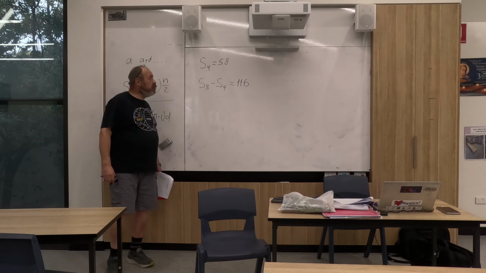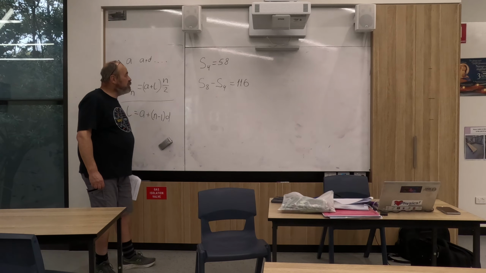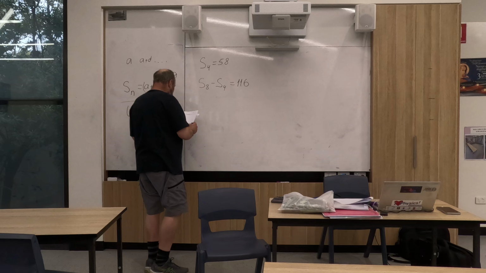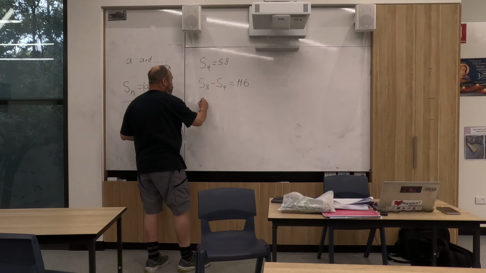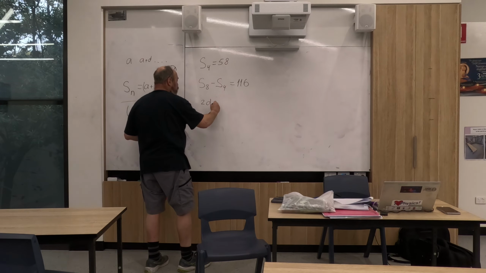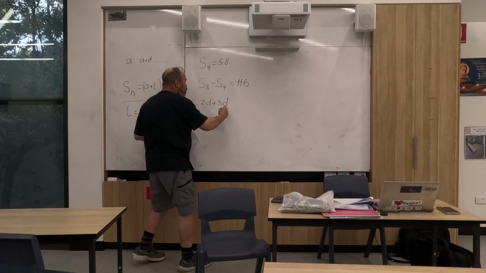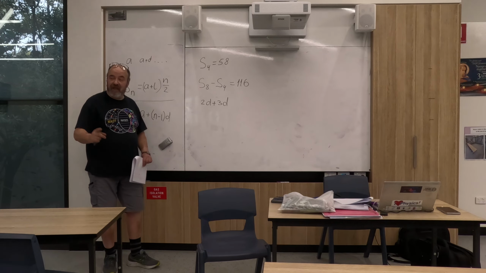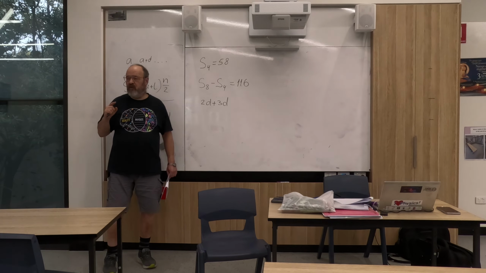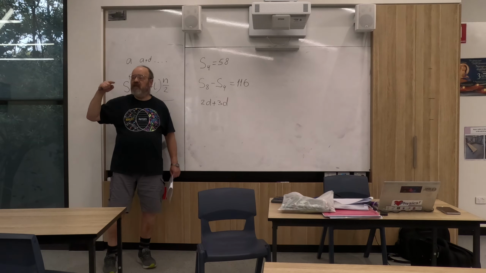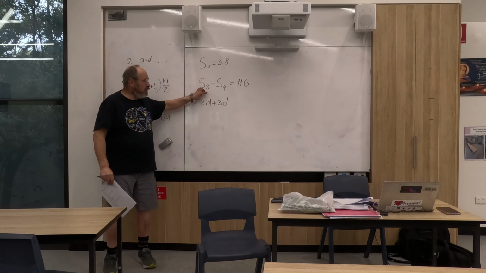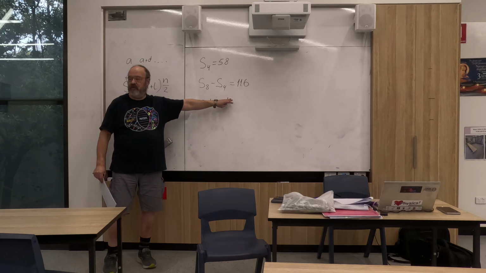Now let's substitute formulas instead of S4 and S8. Isn't S8 just 116 because it's 2 times? No, it says the sum of the next 4, so it's the sum of the 5th, 6th, 7th, and 8th, which, to get it, we need to take away the sum of the first 4.